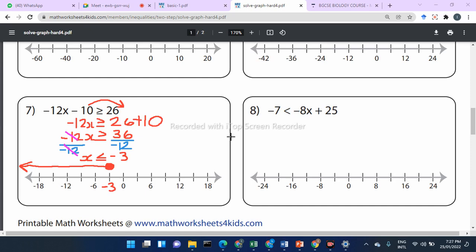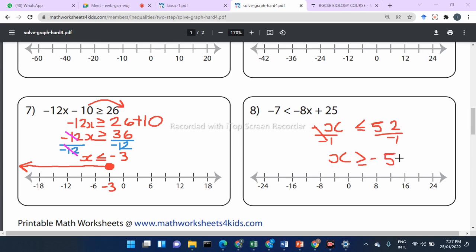For example, if we had negative x is less than 52, and you divide both sides by negative, these two would cancel, leaving us with x is greater than negative 52.